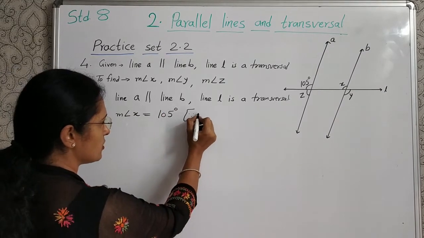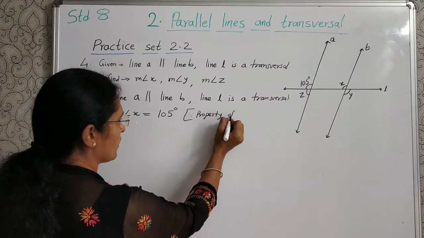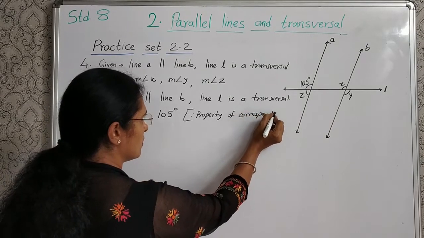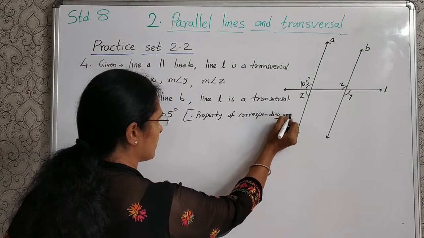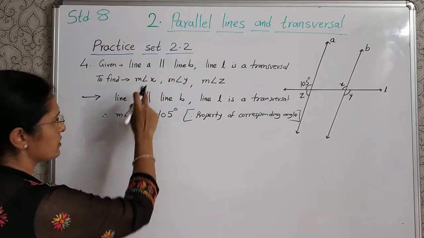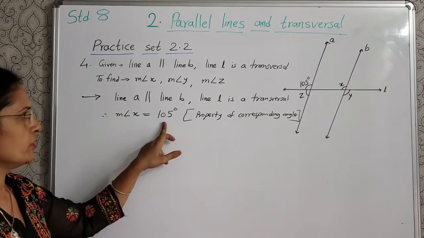The reason is property of corresponding angles. And therefore we got the first angle, measure angle X is equal to 105 degree.